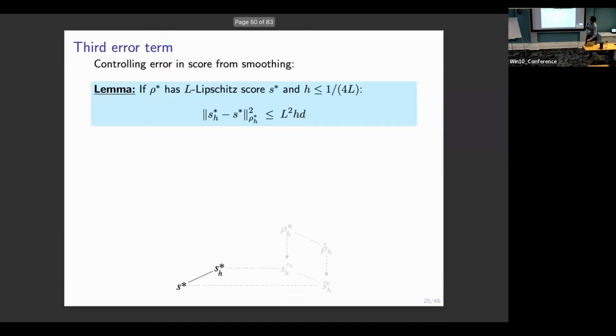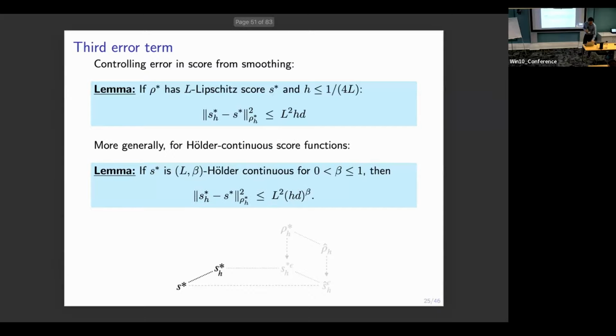And then finally, for the third one, we control the error in the score function from smoothing. If we smooth the distribution a little bit, what is the difference of the score function? This has come up in a lot of previous papers. What is known is that if the distribution is smooth, so the score function is Lipschitz, and for small h, then we can bound this error by something that scales with h times dimension.